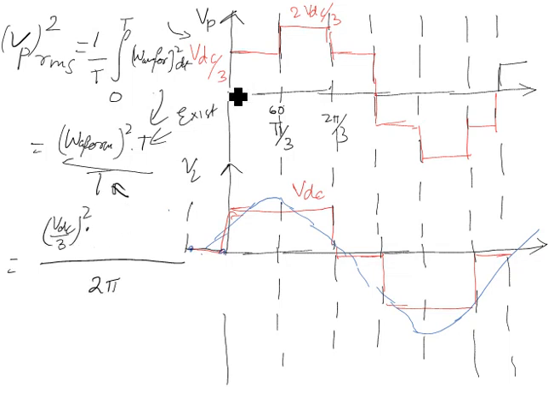It exists for pi by 3. Okay, plus 2 VDC by 3 whole square, and how much time is it existing? It exists for again pi by 3, 60 degree only, pi by 3.